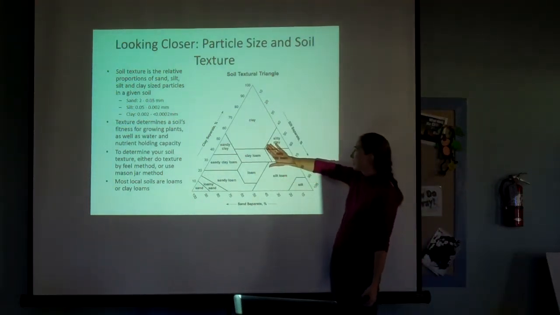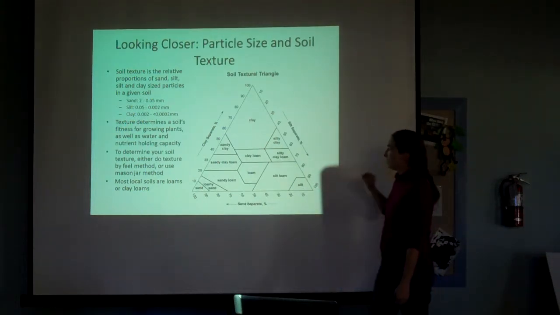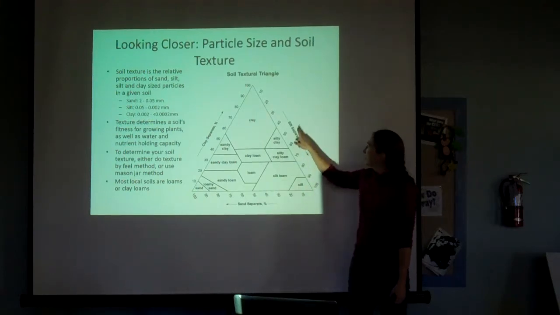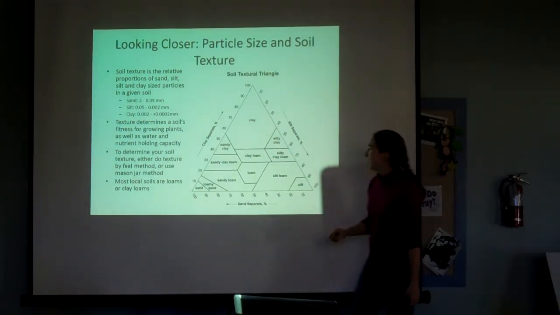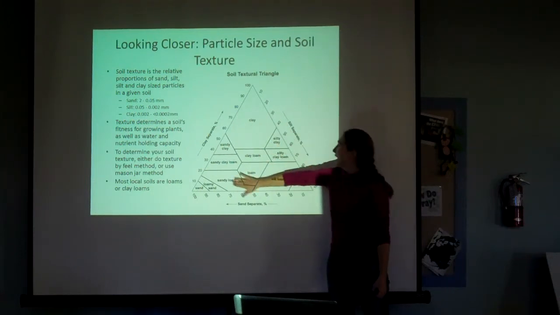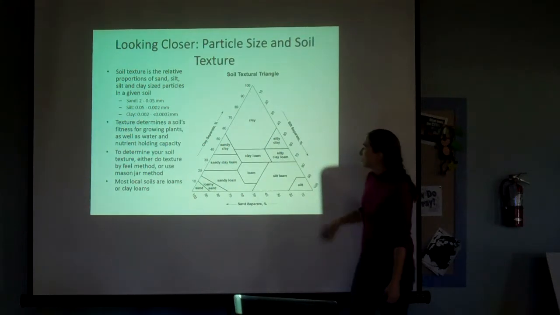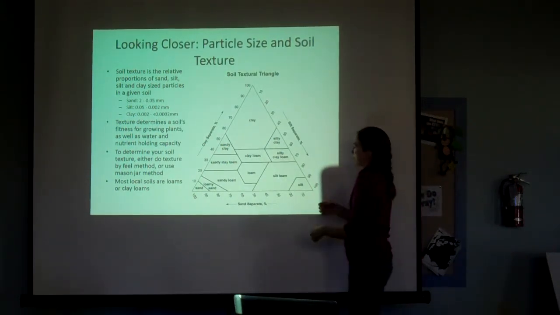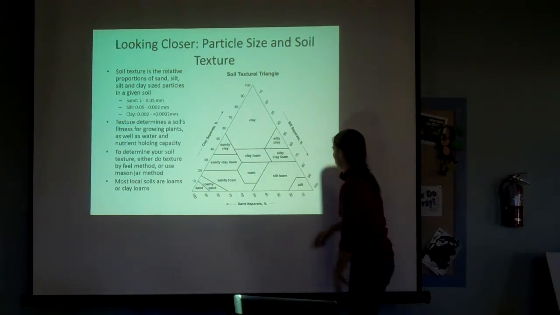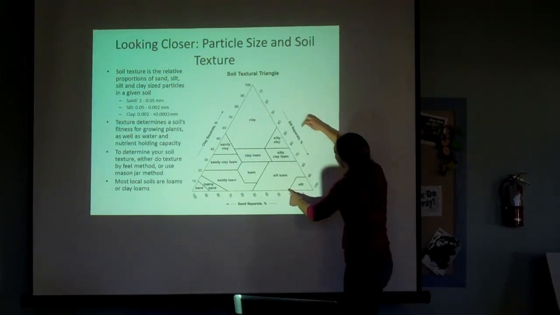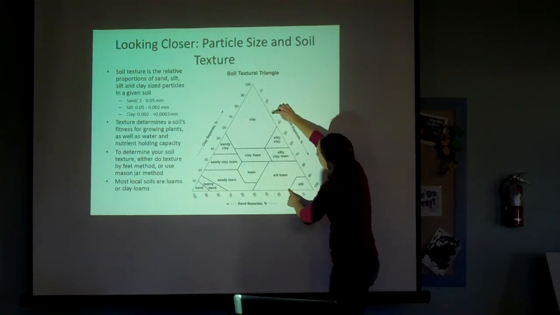So this is the texture triangle. What you do is figure out the amount of sand, silt, and clay that your soil has, and find it on this texture triangle, and it will tell you what texture of soil you have. For example, let's do one that might actually happen here. 20% sand and 30% silt.